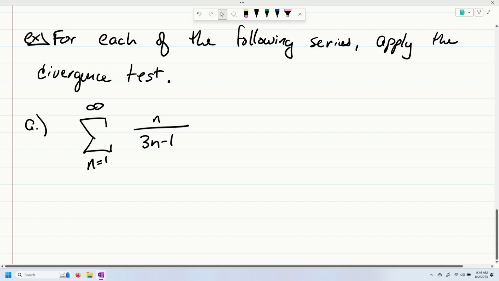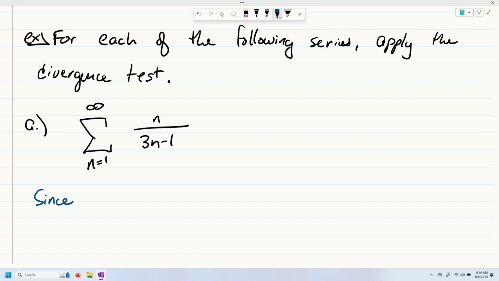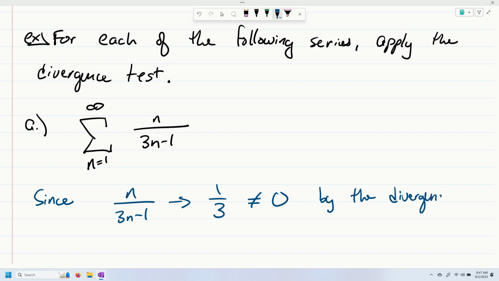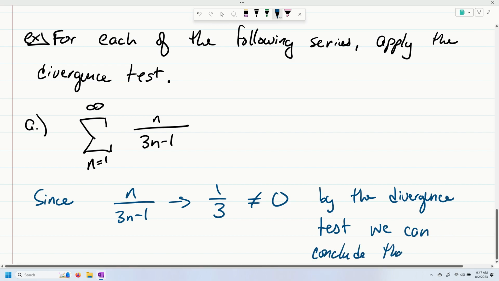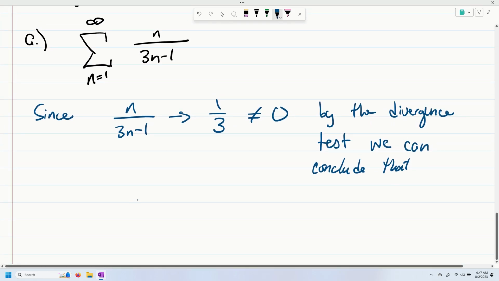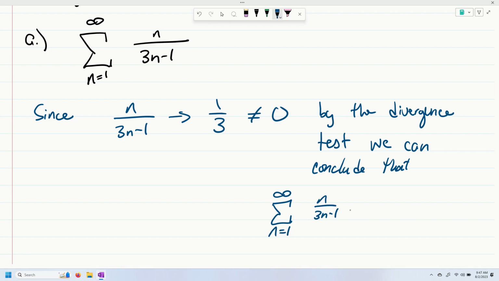First, since n over 3n minus 1 goes to 1/3, and 1/3 does not equal 0, by the divergence test, we can conclude that our series here diverges.